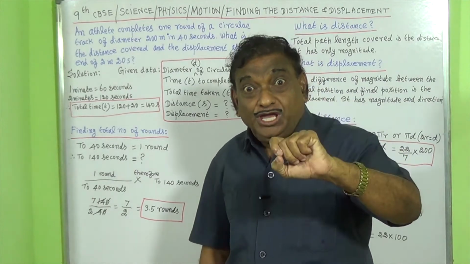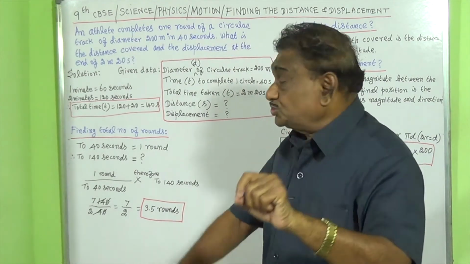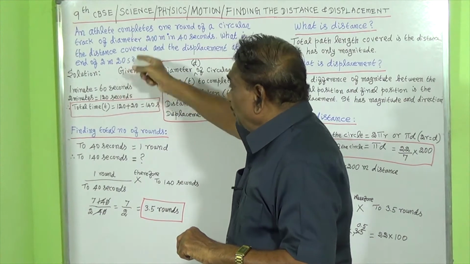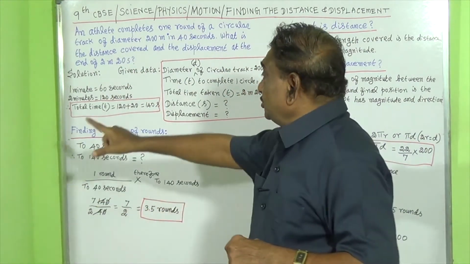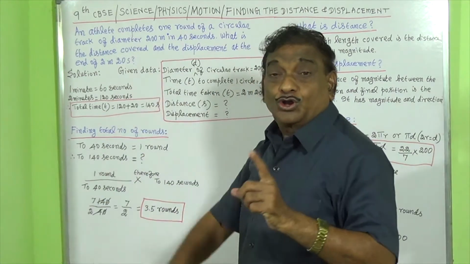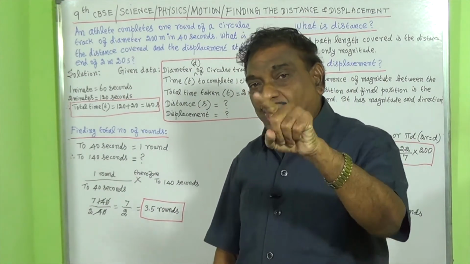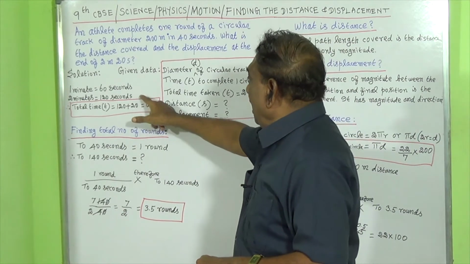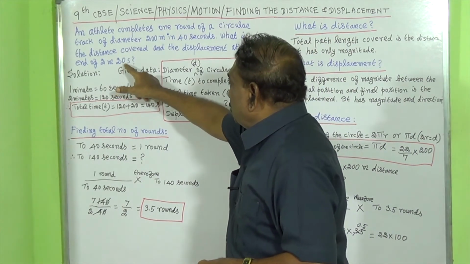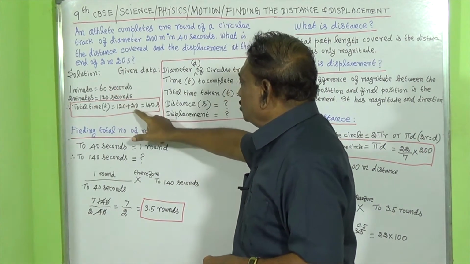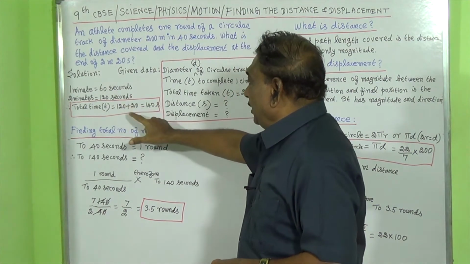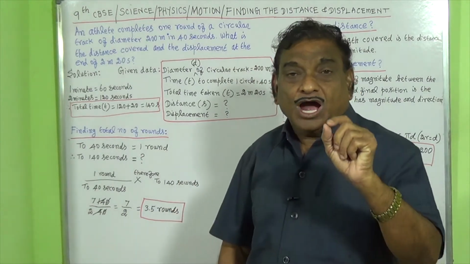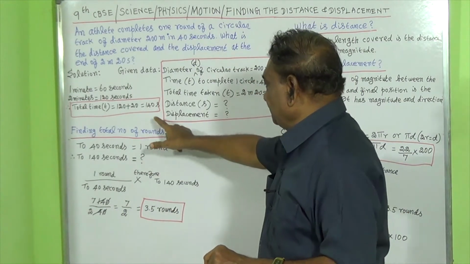So we are going to convert 2 minutes 20 seconds into seconds. We know that 1 minute equals 60 seconds. Therefore, 2 minutes equal 120 seconds. Already there is 20 seconds. If we add this 20 seconds to this 120 seconds, we will get the total time as 140 seconds.